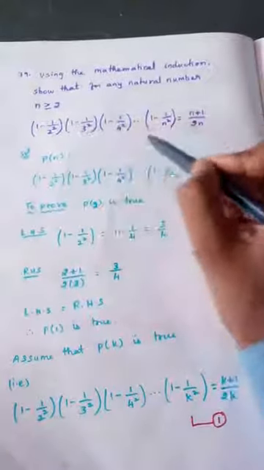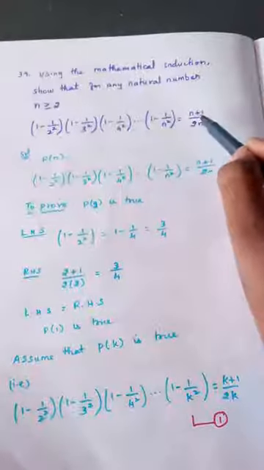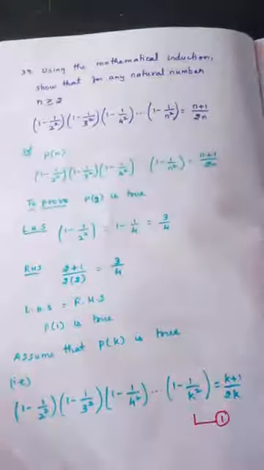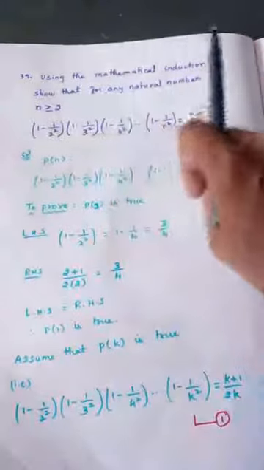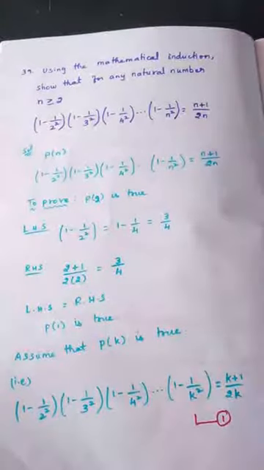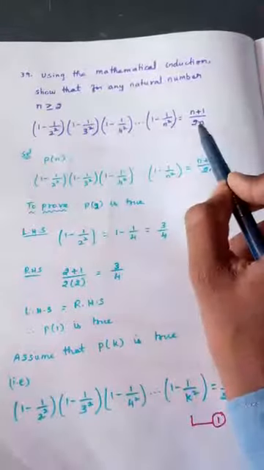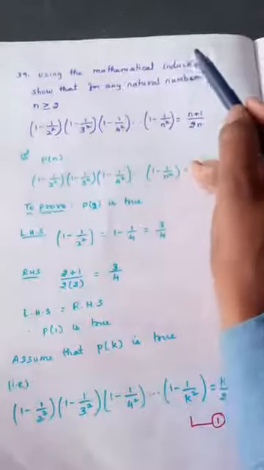It goes on like that. 1 minus 1 by n square is equal to n plus 1 by 2n. So this is the formula that they are giving, and they are asking us to prove this result using mathematical induction. Hope you will understand. This is the formula given. We need to prove this is correct using mathematical induction.